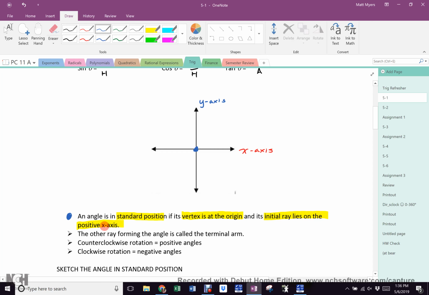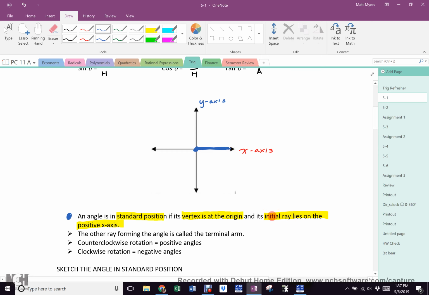Where is the x-axis? It's the horizontal one. Where is the positive side of it? On the right. So it would be here. So that satisfies all of this. Vertex at the origin, initial ray. What's a ray? Do we remember that? It's a line that starts from a single point. Because a line goes in two directions. A ray only goes in one.